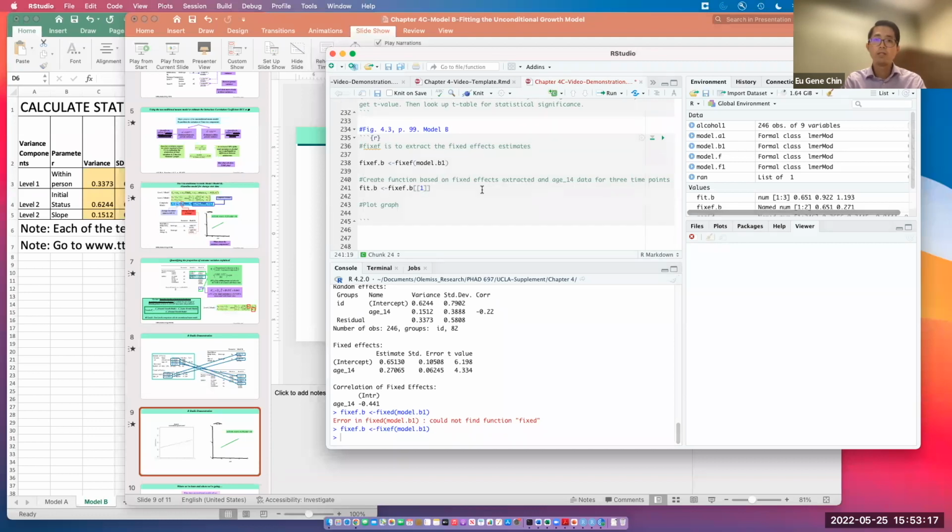One means we want to pool the intercept. Three time points, multiply that by the fixed effects, the slope, basically.